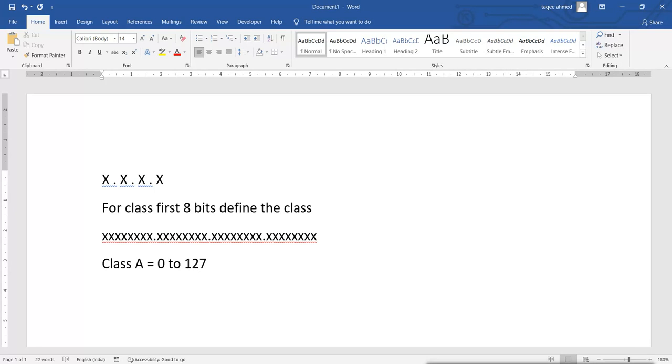When I say 0 to 127, I am talking about only this first part. That means if you see any number from 0 to 127 here, it is considered class A. For example, your first address will start from 0.0.0.0. Here all the parts are 0, all the bits are 0.